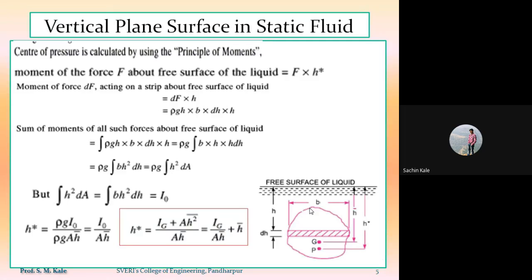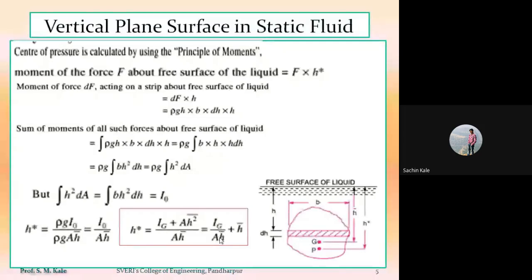Then the position of center of pressure will be the same in both cases. Why? Because position of center of pressure does not depend upon the density of the fluid; it only depends upon Ig, A and H bar.